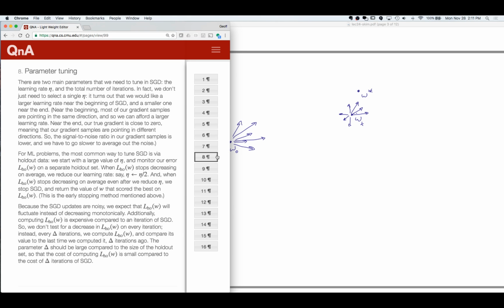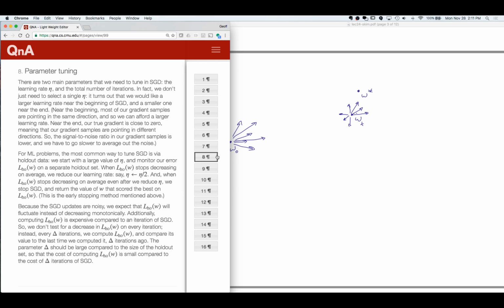Or maybe even 10 to the minus 3, right? The initial value of eta is something that it's hard to tune as well, but it's less important if we have a method of reducing eta if we happen to select one too large.